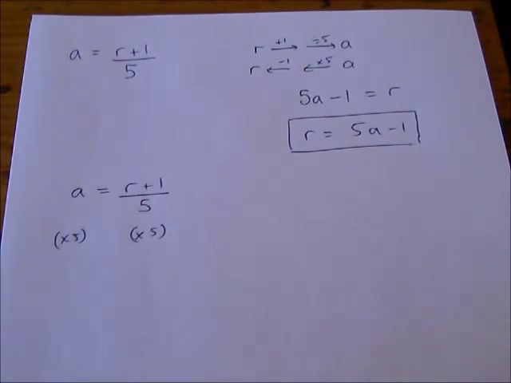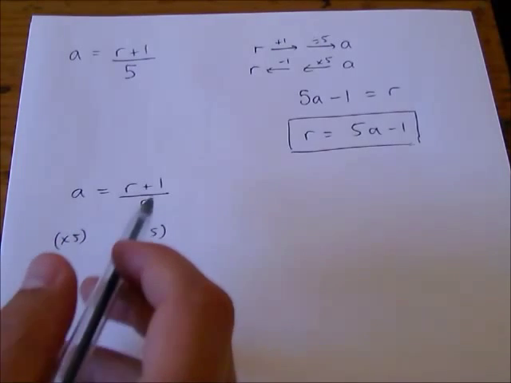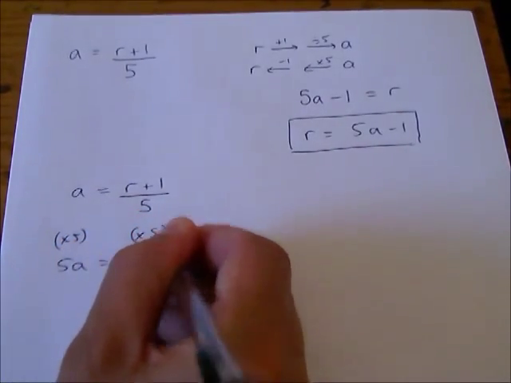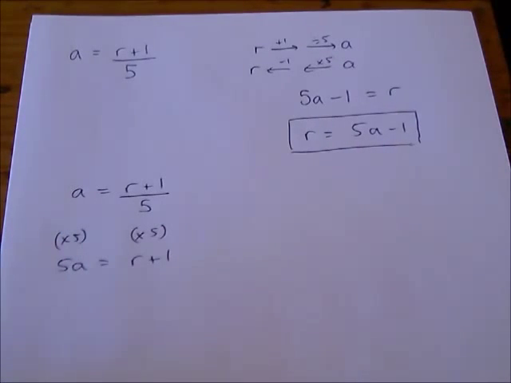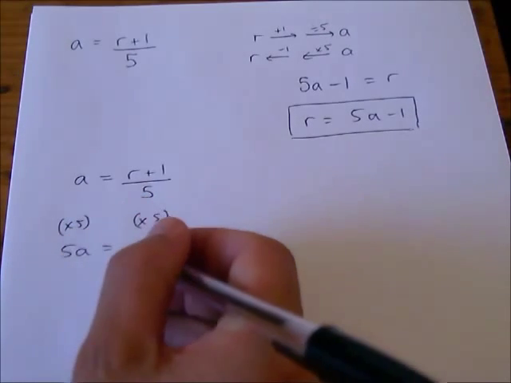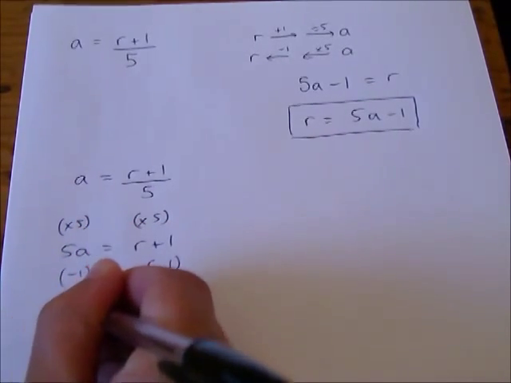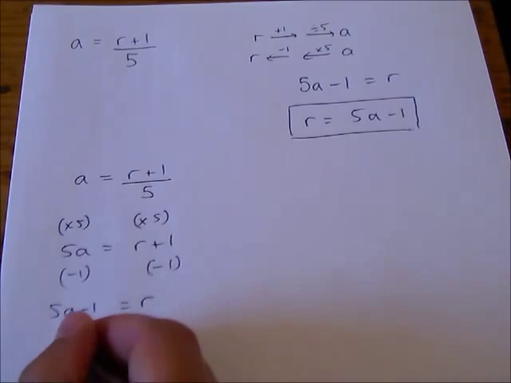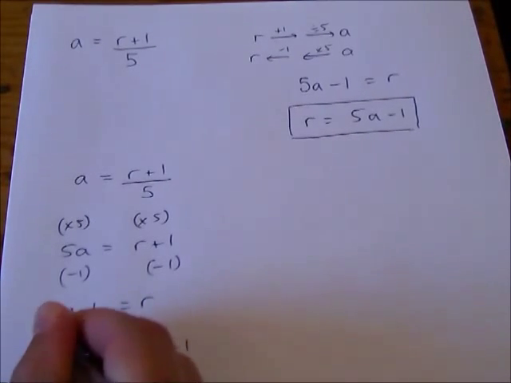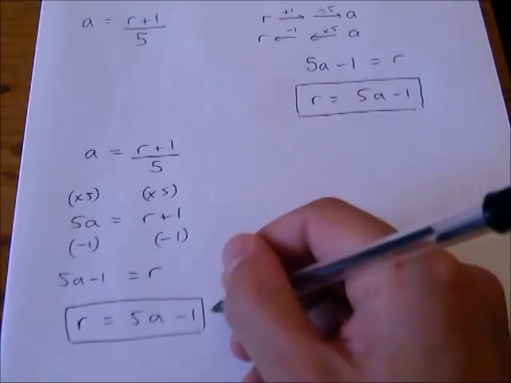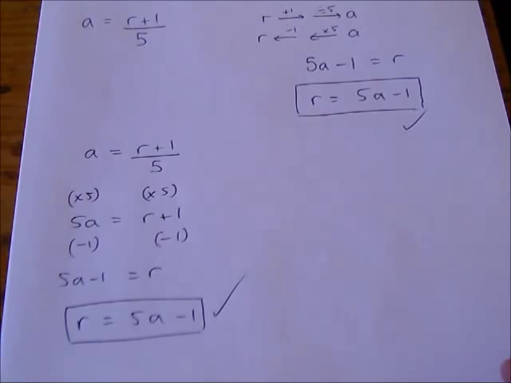It's a bit of a wrong move, I suppose. You could do it, but people make mistakes on that all the time. So the best thing to do is multiply by 5, and that will get rid of that divide by 5. Then what we're going to do is take away the 1. 5a minus 1 equals r, and if we switch it around like that, same answer, both methods.